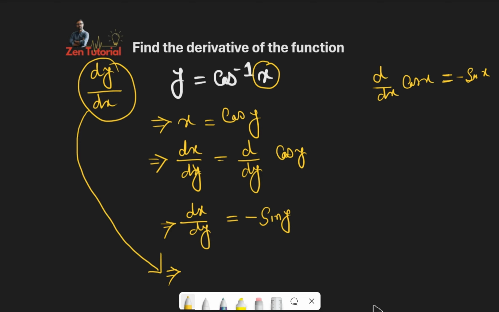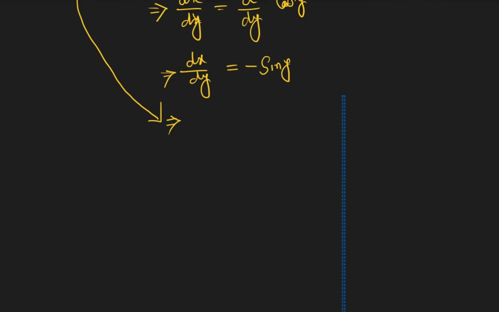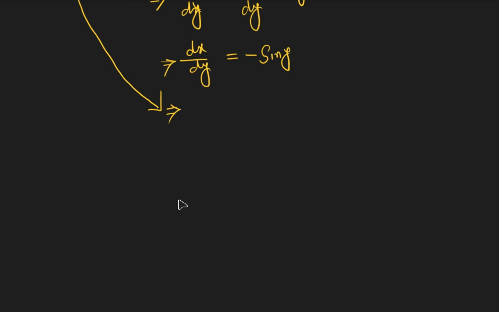If you would like to have the value of dy by dx, just do the inverse. So dy by dx equals minus 1 by sine of y.